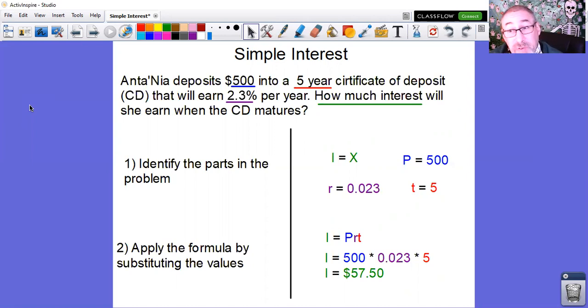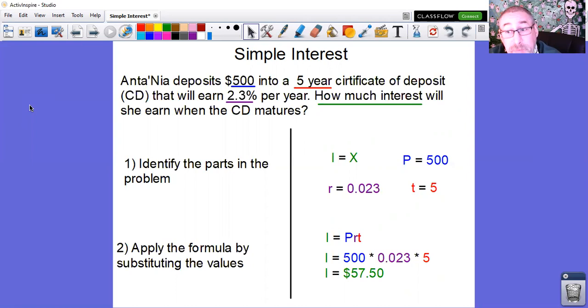We substitute those values into the formula. So I equals PRT. We substitute, we get 500 times 0.023 times 5. You put that in the fancy dancy calculator, and you're going to get $57.50.